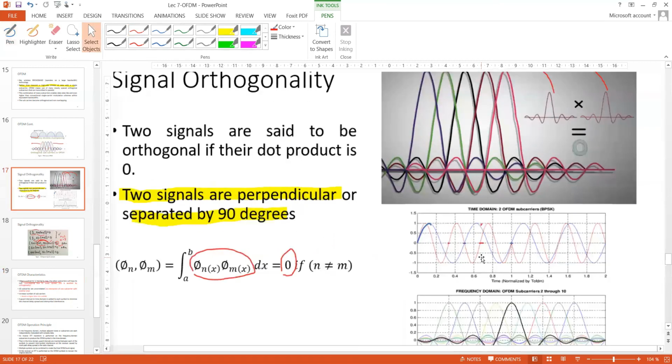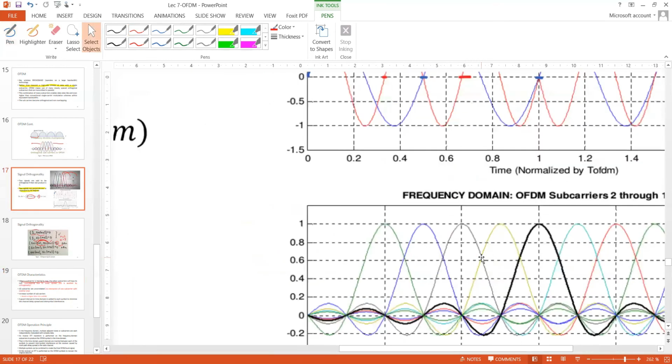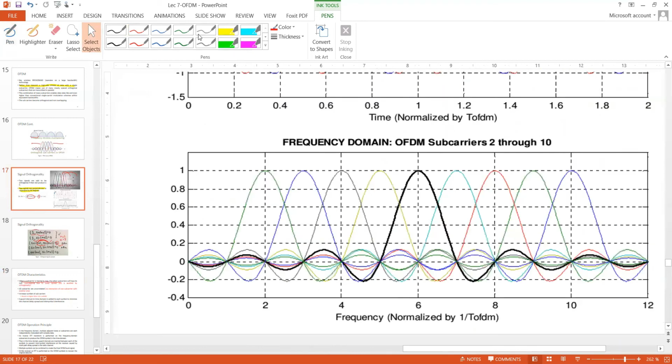So if you look at this particular graph, this is the frequency domain representation of all the subcarriers. Let's suppose we consider this particular subcarrier. At this point, this subcarrier has its maximum amplitude, and at this particular point, the amplitude of all the other subcarriers will be equal to zero, or null.